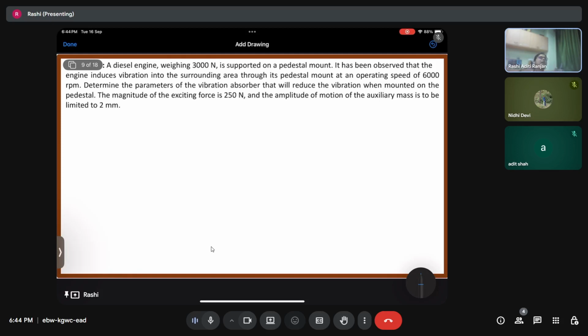For example, I think everyone has seen how a semi-automatic washing machine works, which has two separate buckets. One is for washing the clothes, and the second is for drying the clothes. Usually, if the mass in the drying drum is not balanced properly, it is going to have a very large amplitude of vibration and make a loud sound.